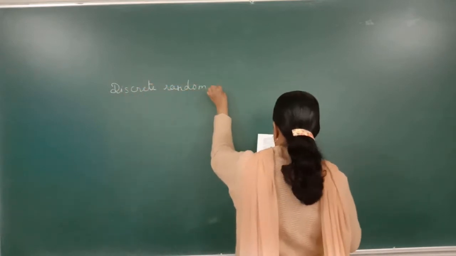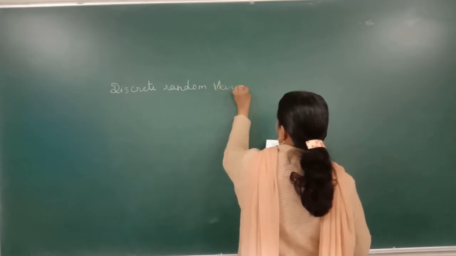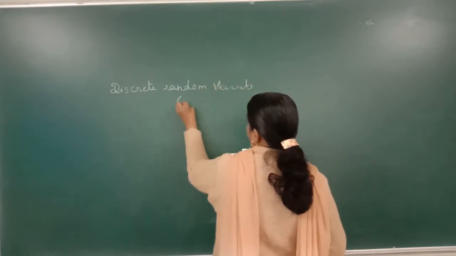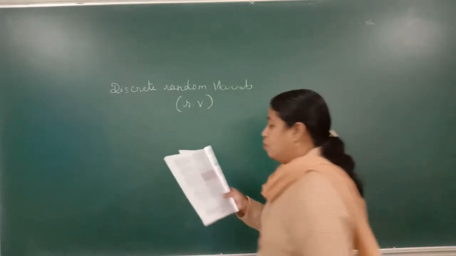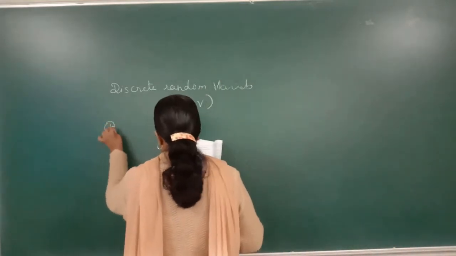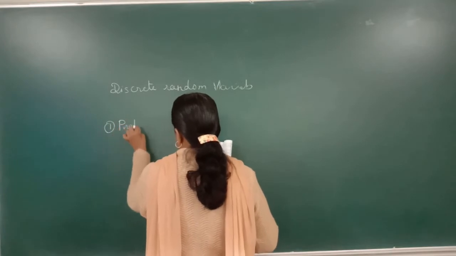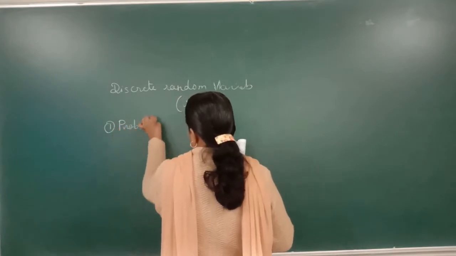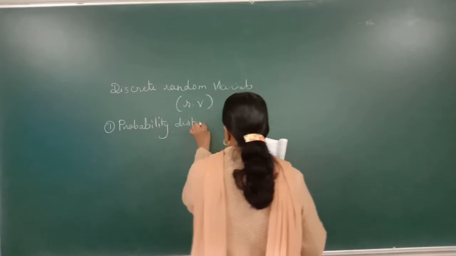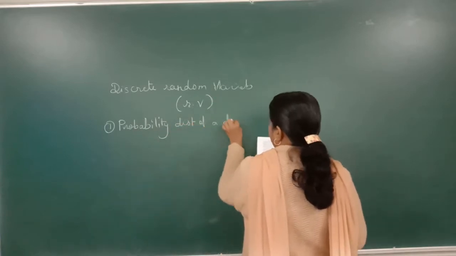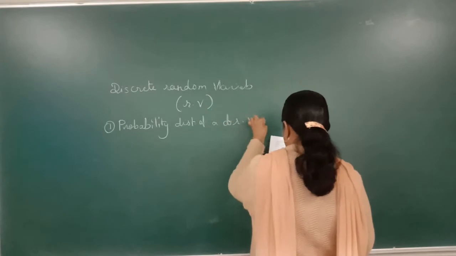Now see, you don't always have to write the full form. You can write it as RV also. Now, first part we are going to study: probability distribution of a discrete random variable.